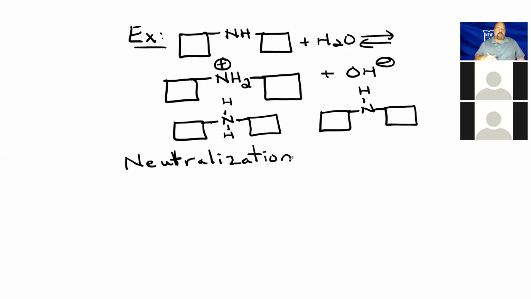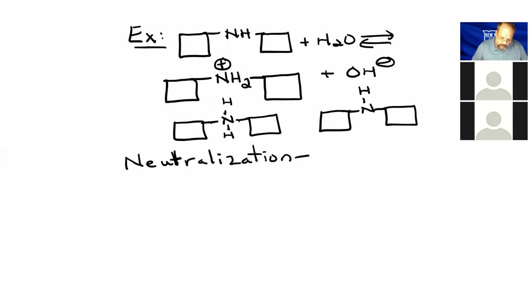And remember, neutralization is the reaction of an acid and a base to give a salt and water. For carboxylic acids, we talked about the fact that a carboxylic acid will react with sodium hydroxide or potassium hydroxide to give you water and a salt, generally known as a carboxylic acid salt.